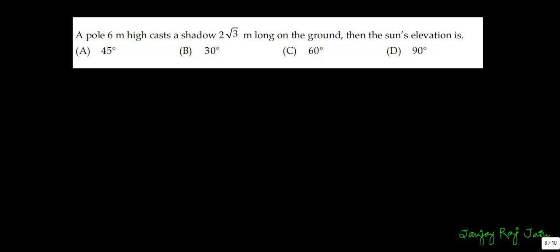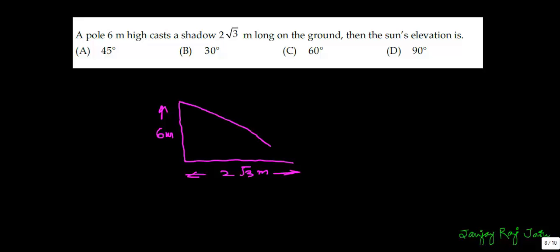A pole 6 meter high casts a shadow. There is a pole 6 meter high. It casts a shadow 2 root 3 meter long on the ground. Then the sun's elevation, this theta, is going to be.